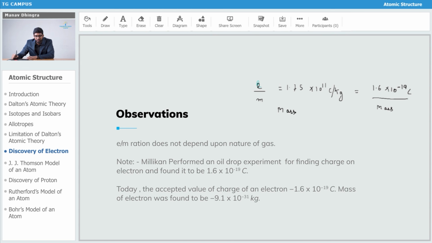It is equal to 1.6 into 10 to the power negative 19 coulomb divided by 1.75 into 10 to the power 11 coulomb per kg. And on solving this, you will get the mass of the electron to be 9.11 into 10 to the power negative 31 kilogram.